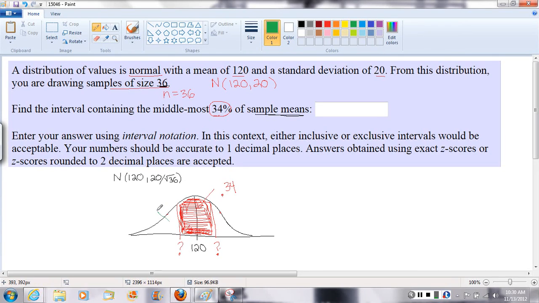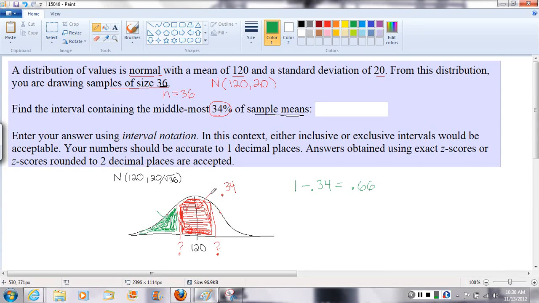What would this area be in green? Well, one way we can think about it is to say the total area under the curve is 100%, or 1 as a decimal, and the red area is 0.34. So 1 minus 0.34 tells us what's left over. There's 66% of the area left over, but that isn't all one side. There's two sides left over, these two sides in green. They're equal because of symmetry, right?